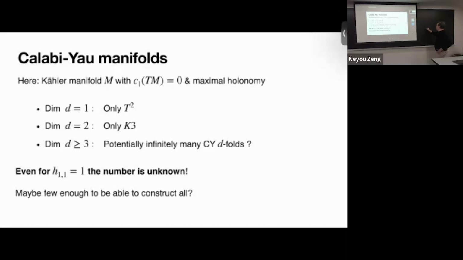So the K3 lattice is 3 copies of this lattice H, which is also called U, the even hyperbolic lattice of rank 2, plus 2 copies of the negative definite E8 lattice. Okay. And the Hodge diamond for the K3 is 1, 0, 0, 1, 20, 1, 0, 0, 1.